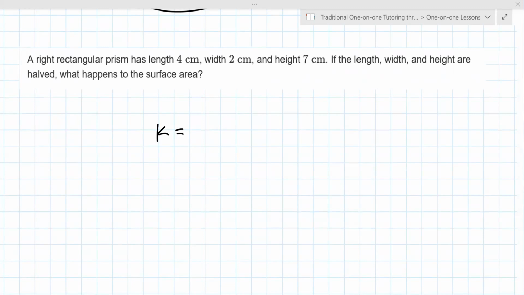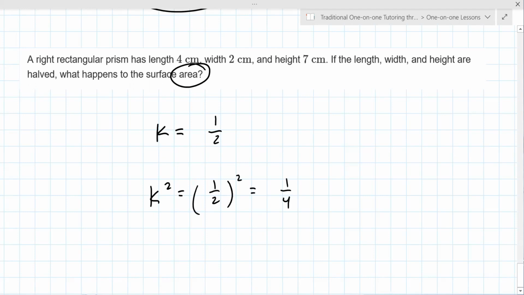K is 1/2. Okay, I agree. And we care about area. So what do you do to K? You just square it. Okay, so what is 1/2 squared? That is 1/4. Perfect.